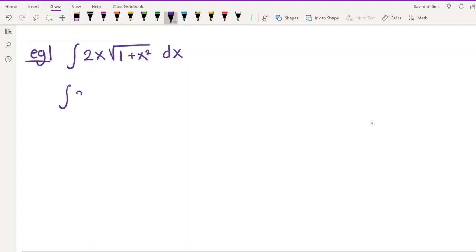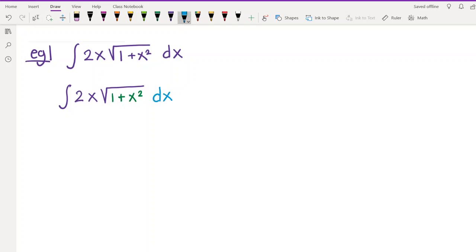So I want to rewrite this again the way I did the last one, to emphasize the parts of the function. The things we need to switch over to u are the 1 plus x squared, which we need to change into something in terms of u, and the dx, which also needs to change into something in terms of u.